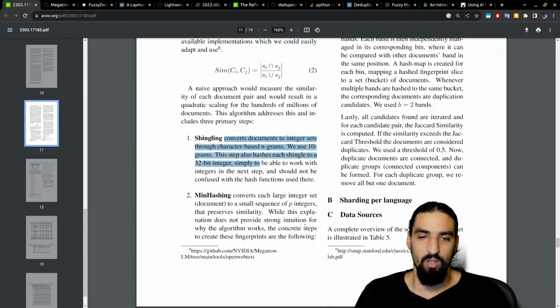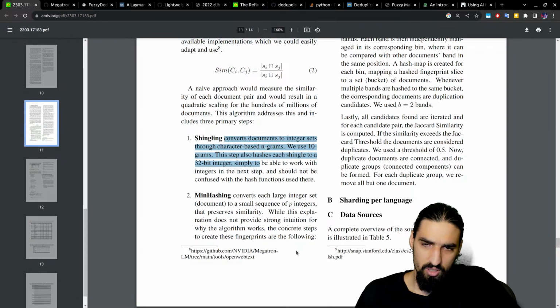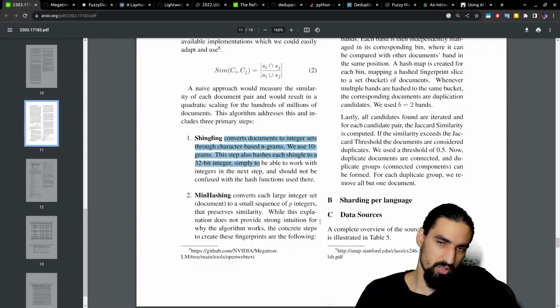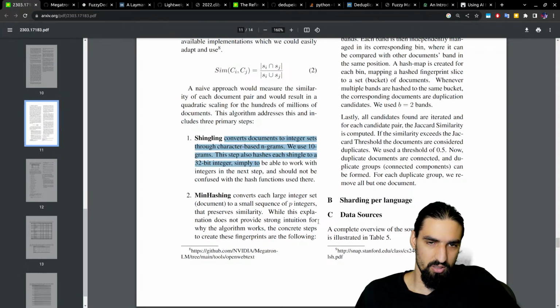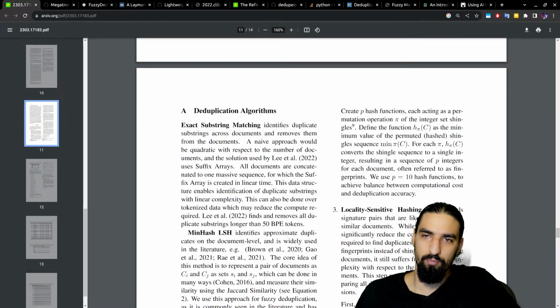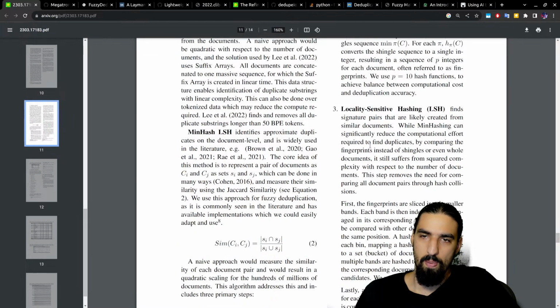Okay. Min-hashing converts each large integer set to a small sequence of p integers that preserve similarity. While this explanation does not provide strong intuition for why the algorithm works, the concrete steps to create these fingerprints are the following. Create p hash functions, each acting as a permutation operation of the integer set shingles.